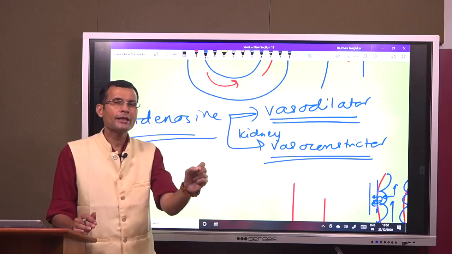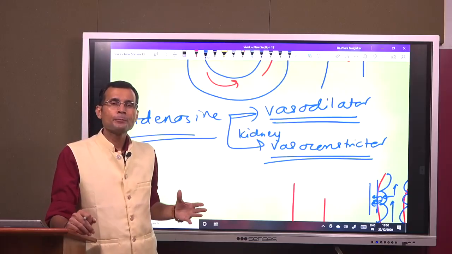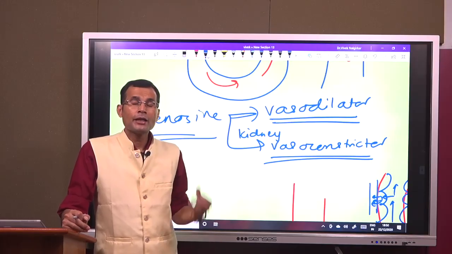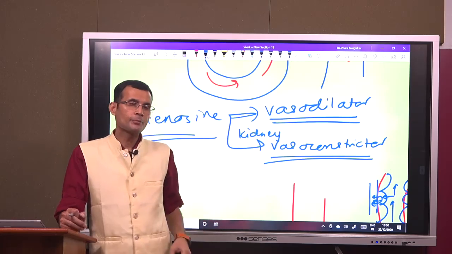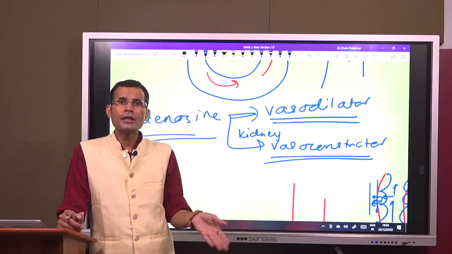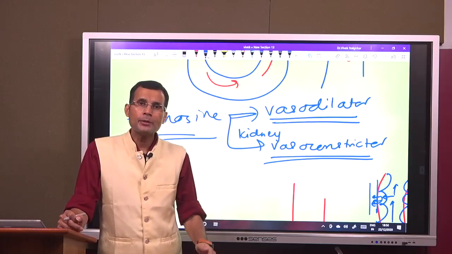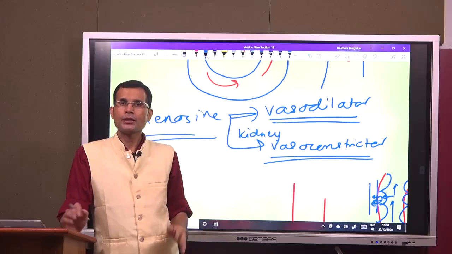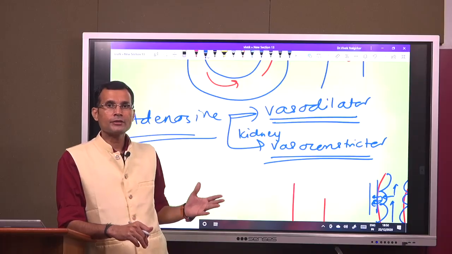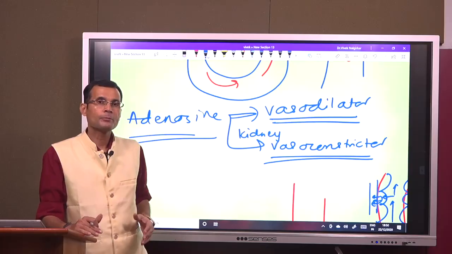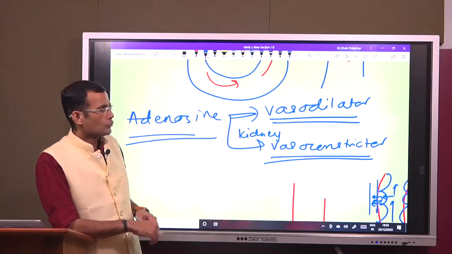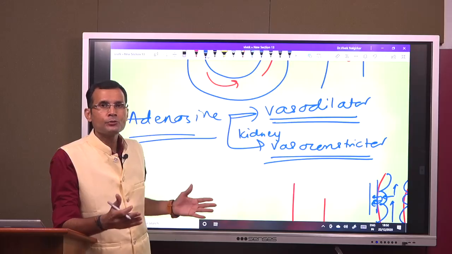Let me quickly tell you that, for instance, suppose myocardial metabolic rate has increased and it needs more blood flow in the coronaries. What happens is there is quick ATP breakdown because metabolic rate has increased. ATP will be converted to ADP, then AMP, and finally adenosine is formed. That adenosine leaks out of the cells and dilates the coronary vessels. So blood flow will increase into that part. This is based on the Berne hypothesis. So that's how blood flow can increase to the part.